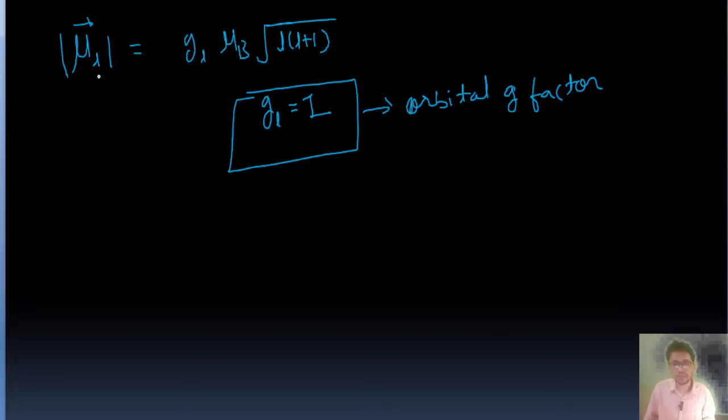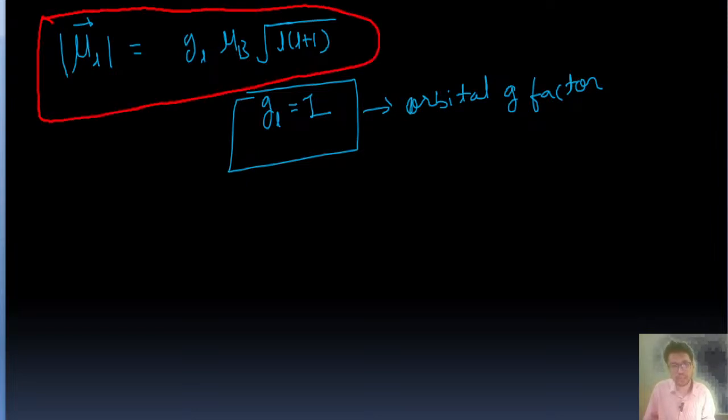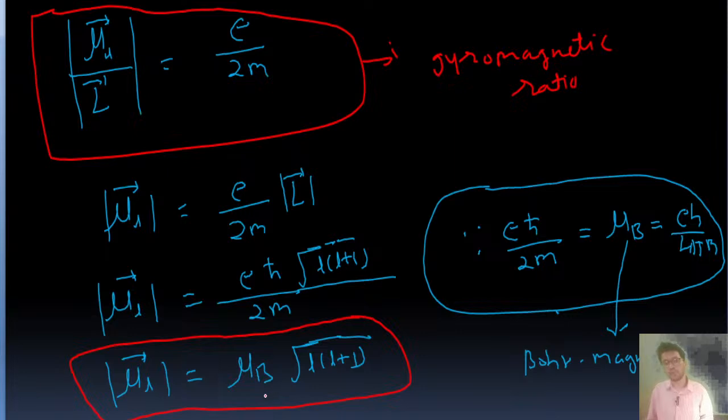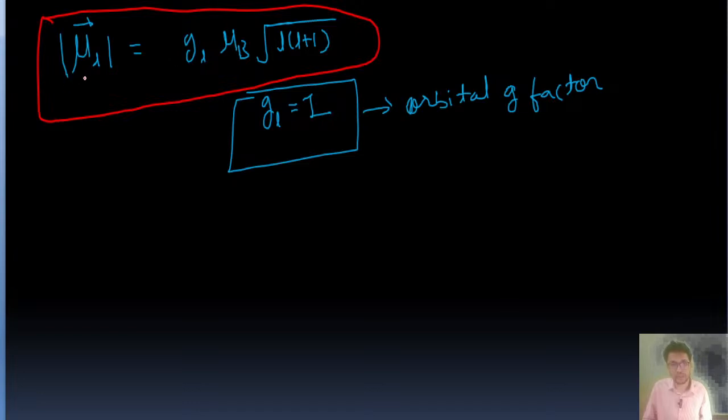Okay, so this is the formula, guys. Actually, the mu L value where G L value is 1. That's why the mod of mu L equals mu B into root L into L plus 1, because G L value is 1. And actually the mod of mu L is G L mu B into root L into L plus 1.